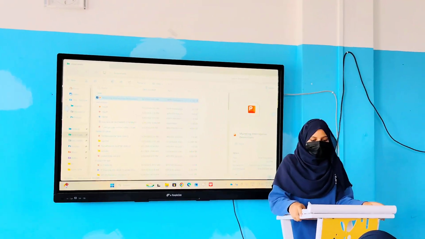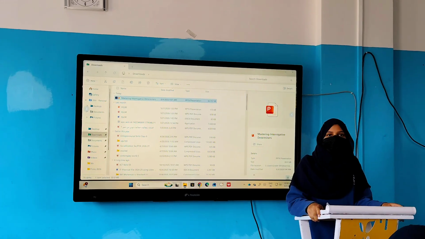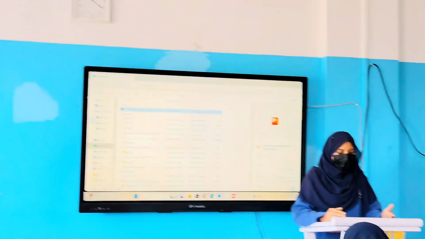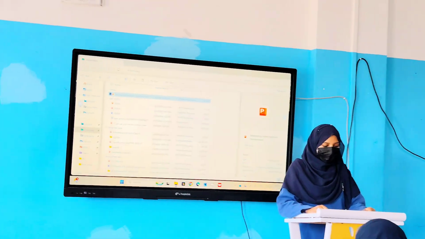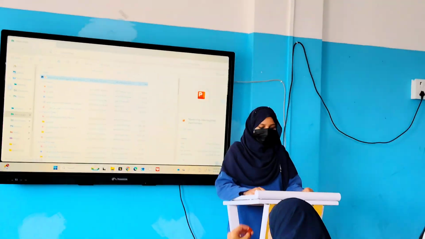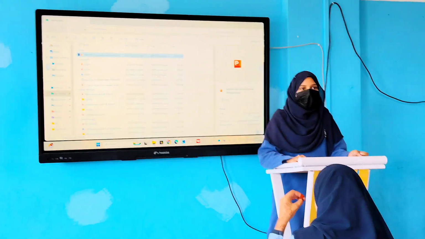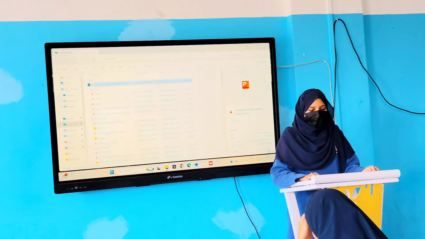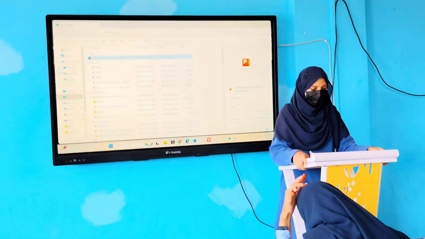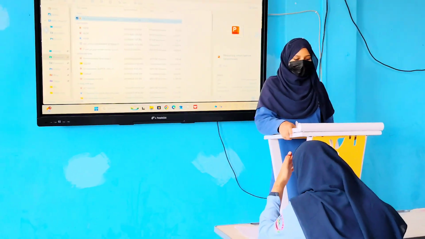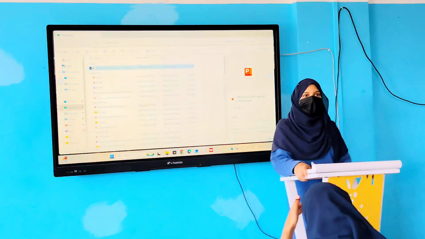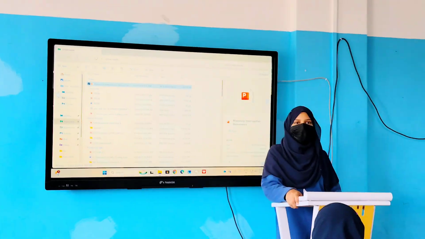Interrogative determiners are words that come before nouns to ask questions. There are three main types of interrogative determiners: what, which, and whose. They help us ask about information, choices, and ownership. First, we talk about what. We use what when we ask about something without limiting the number of possible answers.